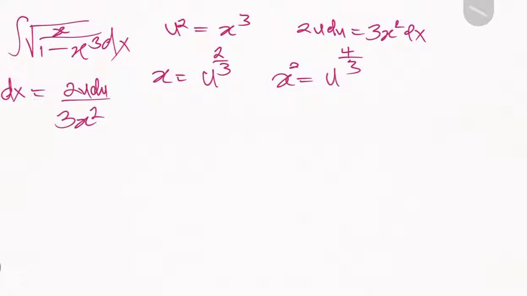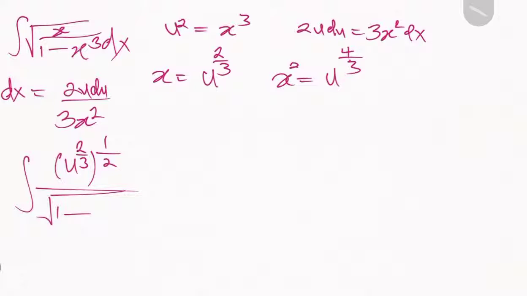All right, let's now rewrite this integral in terms of u. So we have the integral of now square root. I'm going to split this on this division sign. So we have square root of x. Now what is x? x is actually u to the 2/3 power, square root of that, which is the same thing as raised to power 1/2, over square root of 1 minus what is x cubed?